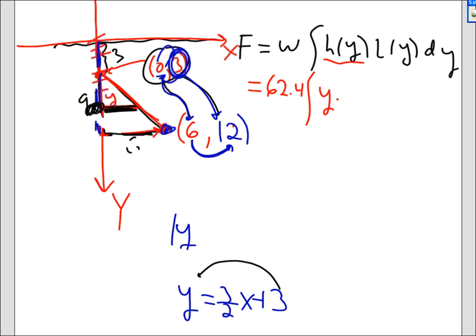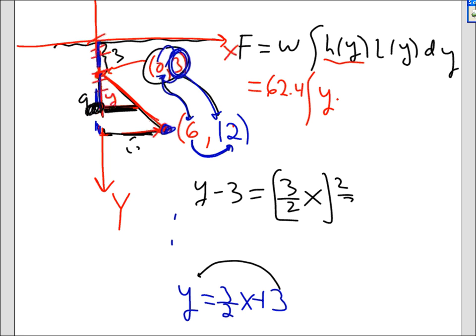Bring this to the other side. Y minus 3 is 3 over 2x. Multiply both sides by 2/3. Multiply everything by 2/3. The right side, 3 over 3 cancels, 2 over 2 cancels, I get x.